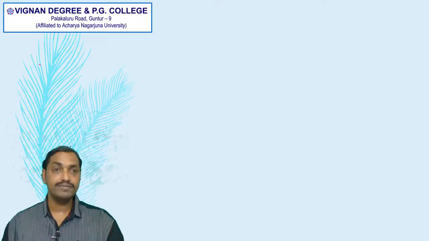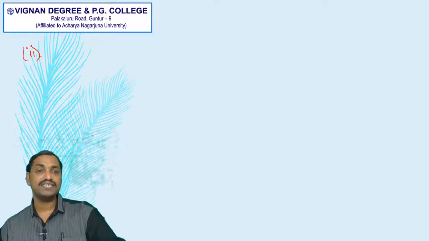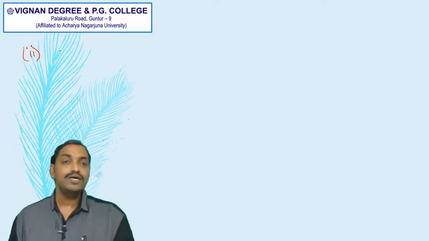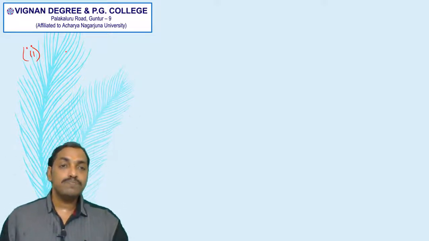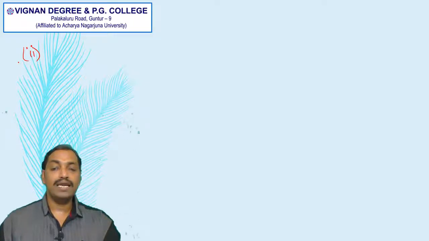Now the second bit. In the second bit, we need to find out the sample sizes for each stratum using both proportional and optimum allocations.